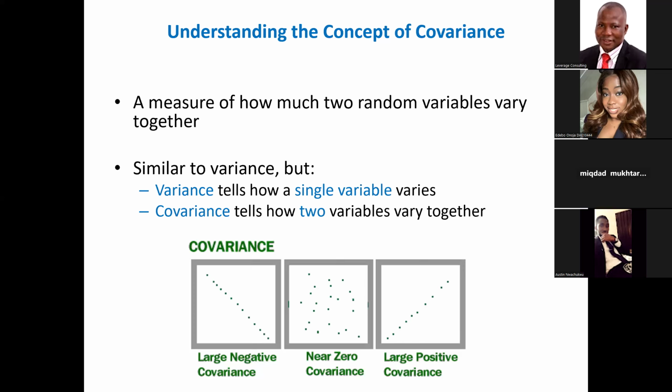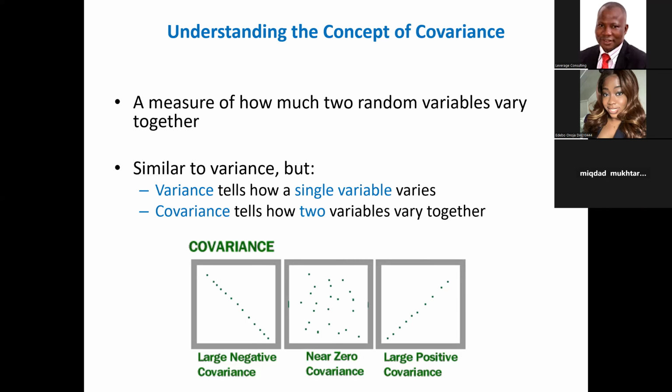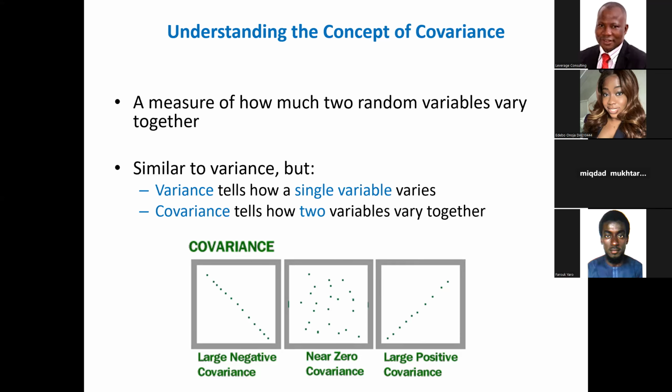A correlation is a measure of how much two random variables vary together, similar to variance. I want you to understand the origin of correlation. Pearson, the day I discussed chi-square, I talked about the Pearson chi-square. He is also the first person to describe correlation, and that's why you also have the Pearson correlation coefficient.